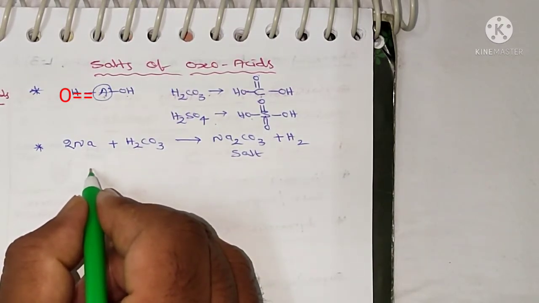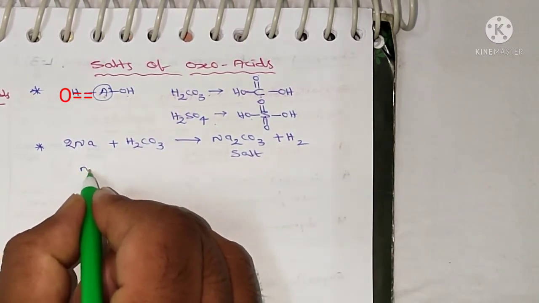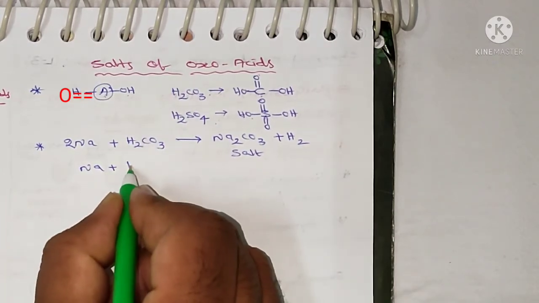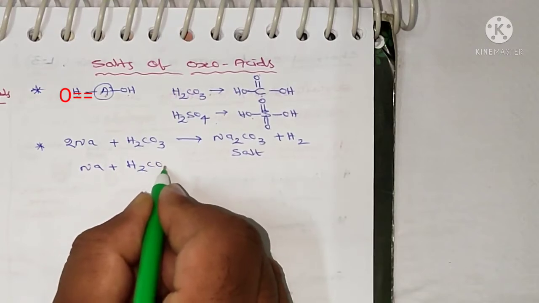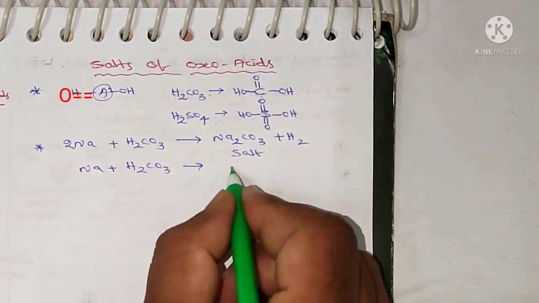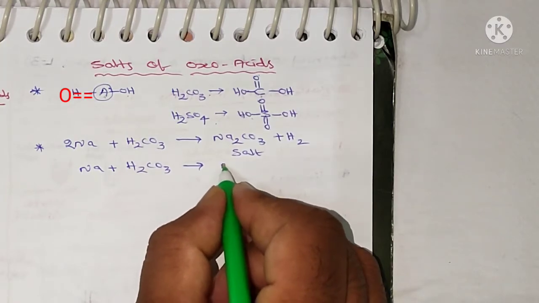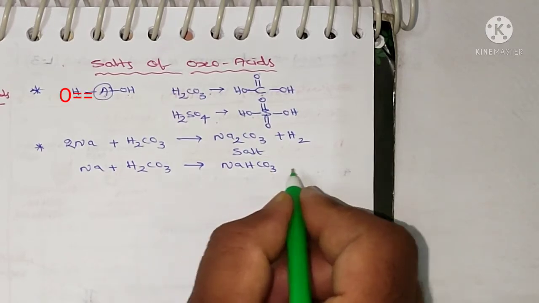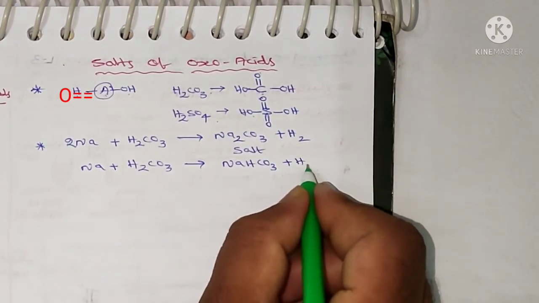And also sodium can form bicarbonate. Sodium reacts with carbonic acid, H2CO3. Then it can form the salt sodium bicarbonate, NaHCO3 plus H2.